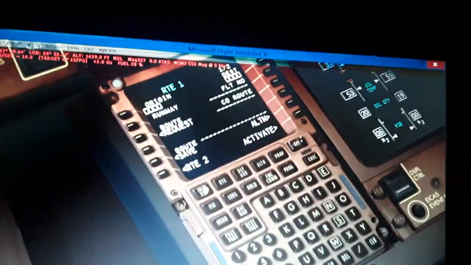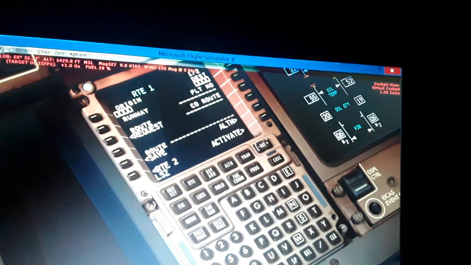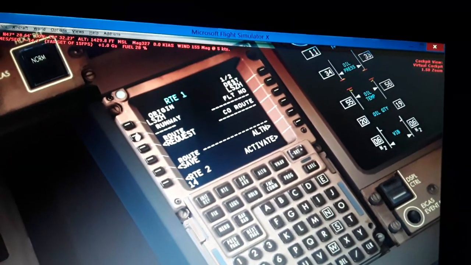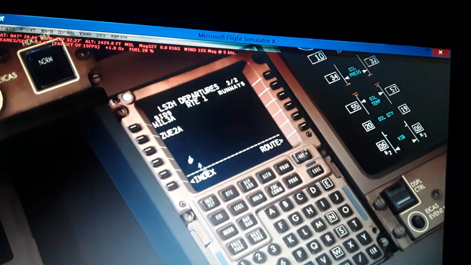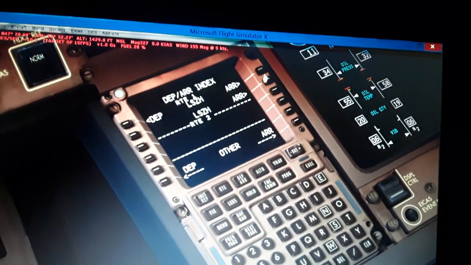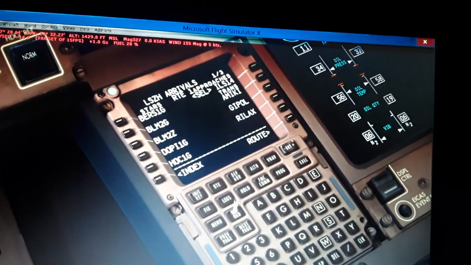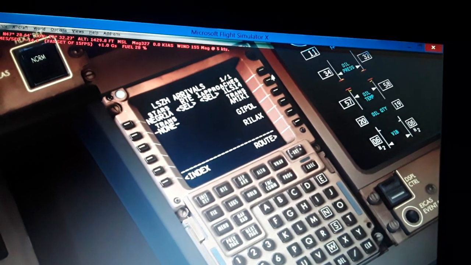and the route from the origin, this airport, LSZH, destination to this airport, and this LSZH runway 14. So this is the departure, runway LSZH 14, 312 arrival, LSZH 1A trans ABT.